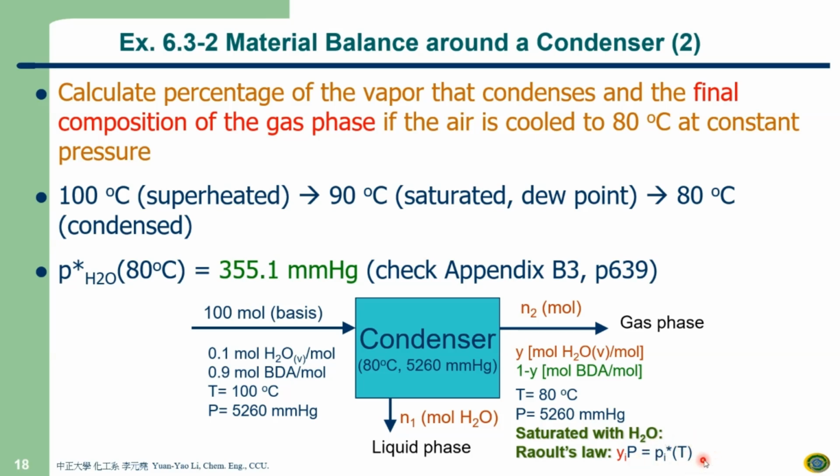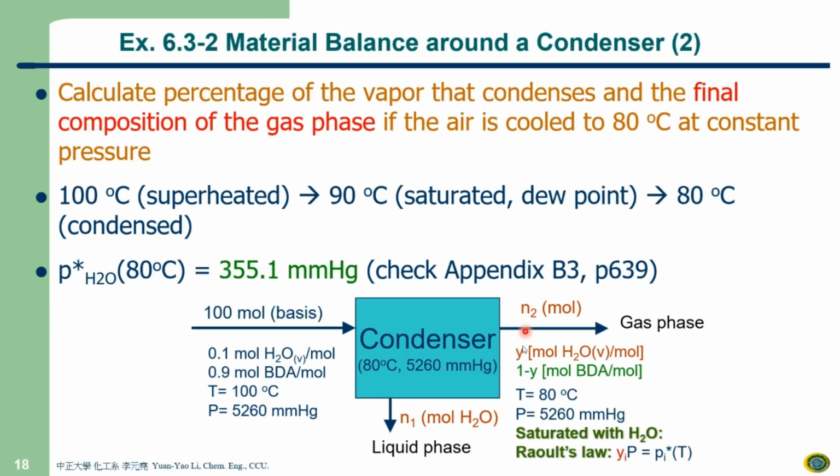You can check this from the table. So you can get this. Then according to input equal to output, you have a water mass balance and also a bone dry air mass balance. In order to create two equations, you can get an answer of N1 and N2.